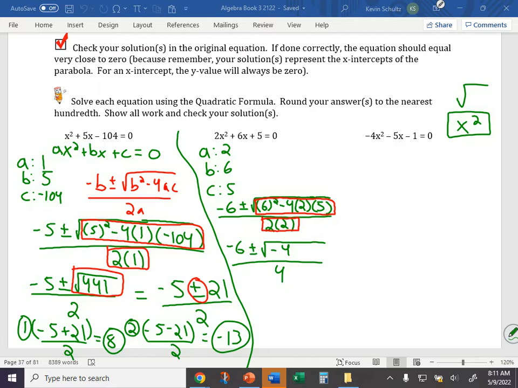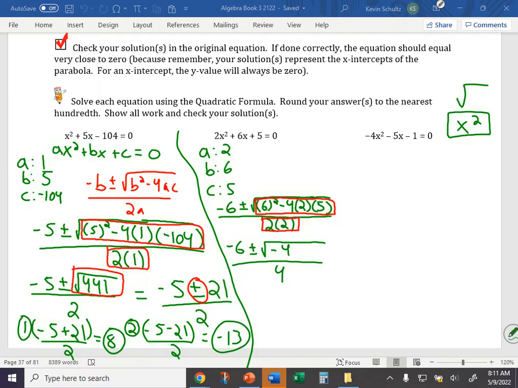What did this discriminant tell us again? How many x-intercepts there are? What happened in 58, Jack, when we had a negative discriminant? It meant there were no x-intercepts, right?